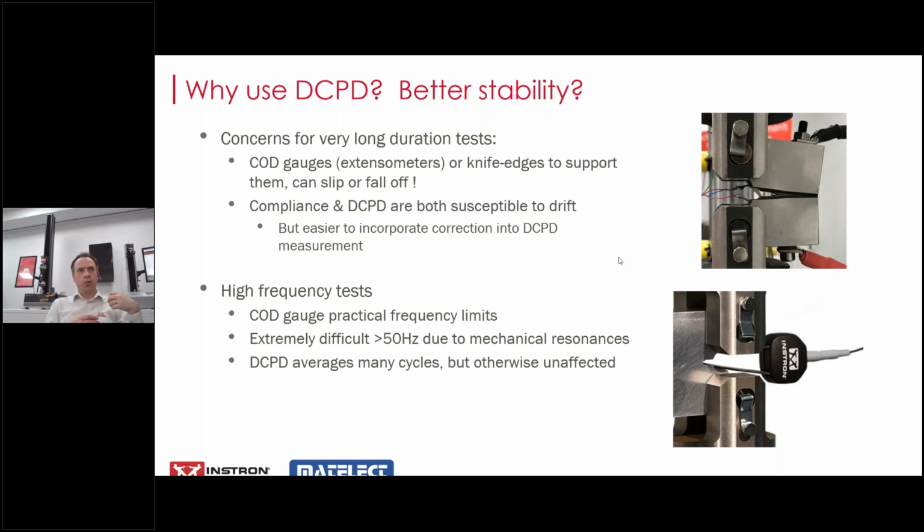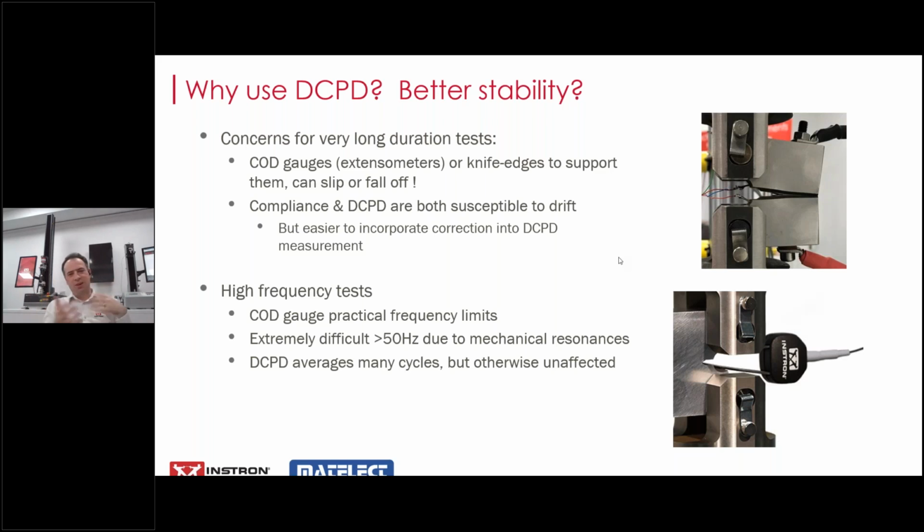And although very compact extensometers are available, there are still practical frequency limits, because the specimen is oscillating as it's loaded slightly. There's no way it can't, because it's at least elastically stretching. And then you've got another mass on a string hung off it effectively. So they could resonate sympathetically or unsympathetically with one another.